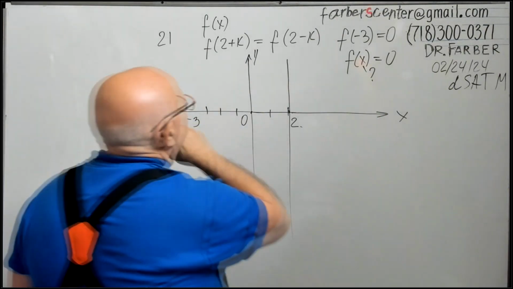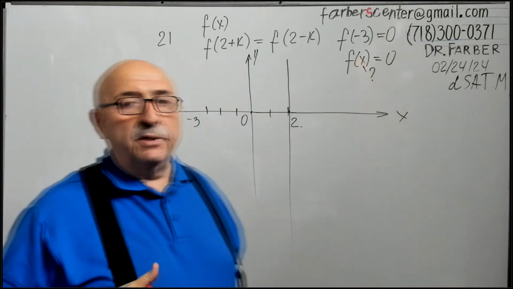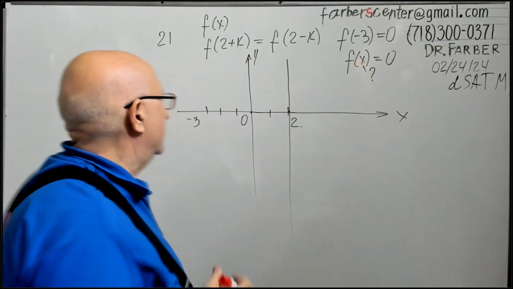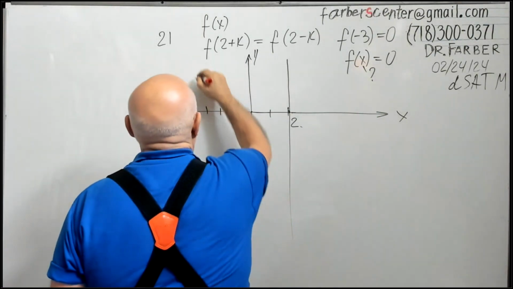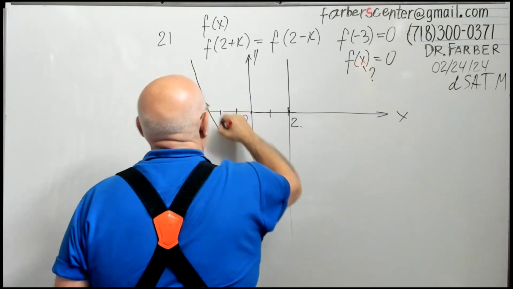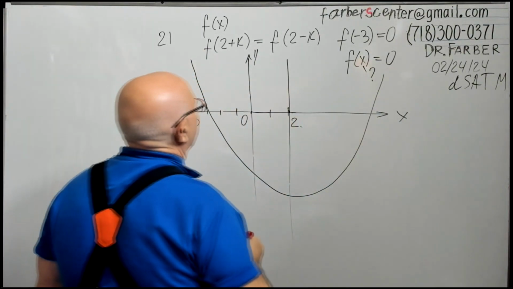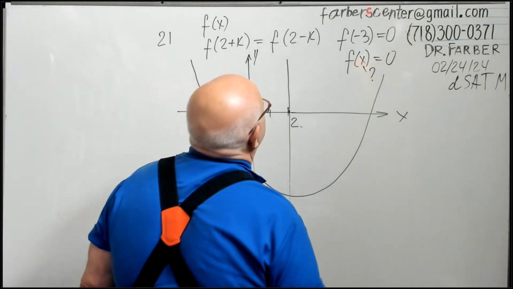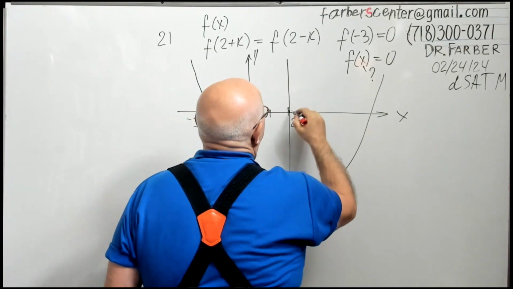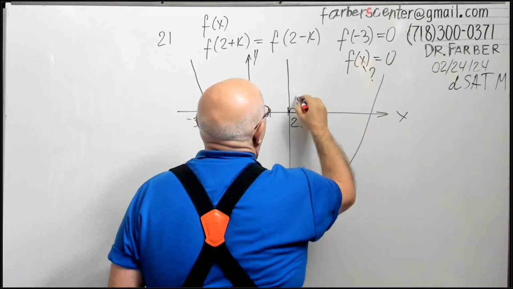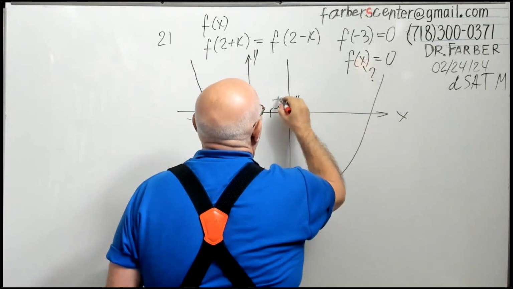If they equal each other, you understand that behind the scenes they are talking about a symmetrical function. Let me illustrate a symmetrical function. If this is -3, let me make some function. It doesn't matter how it looks. And pretend this is 2 plus k, and this is minus k.